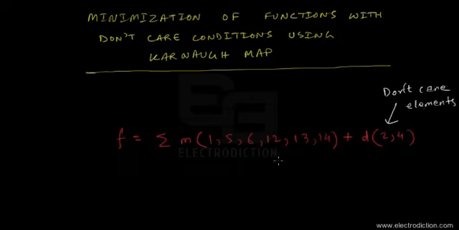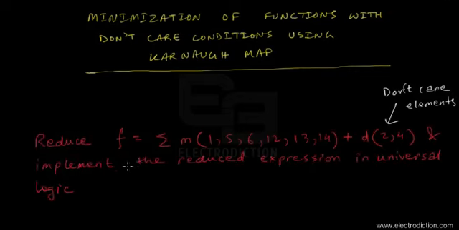All right, so this is our function, and what we need to do, as the problem statement says, is reduce this function small f, which I've just stated over here, and implement the reduced expression. That's what we're going to realize from the K-map and in universal logic.